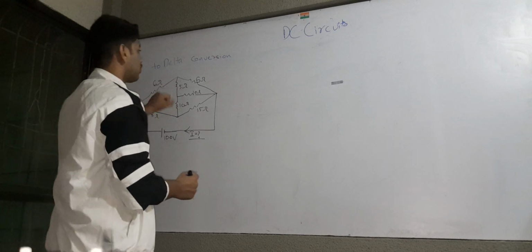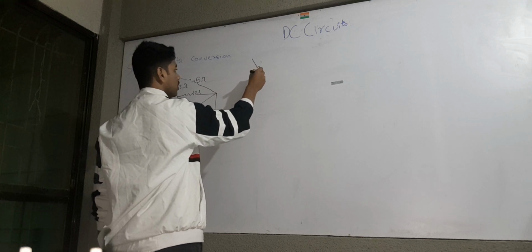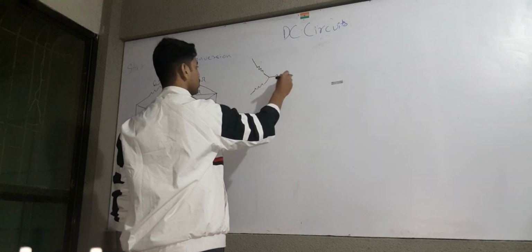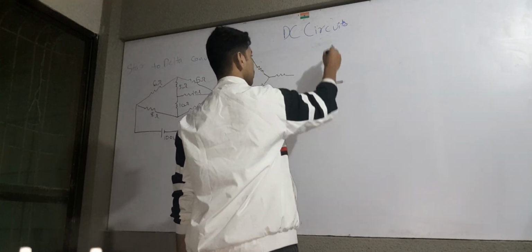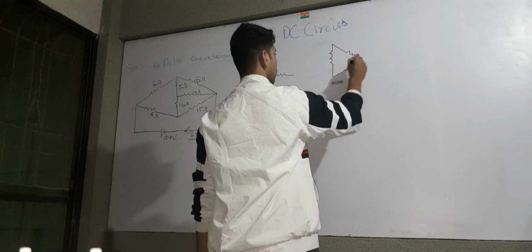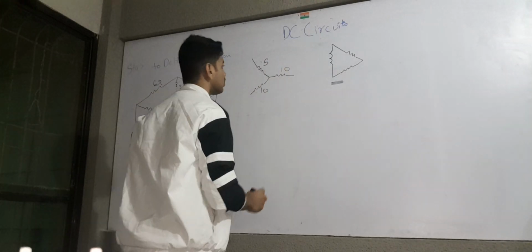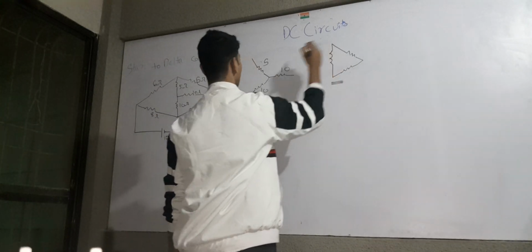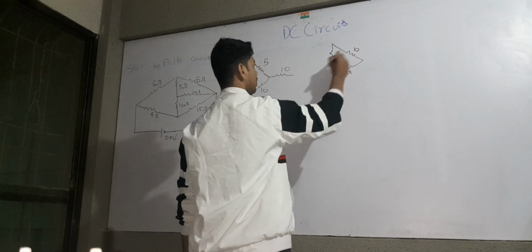So let's convert it into a star configuration. To get this one, we must look at this and look at this. So this is A, this is B, this is C.